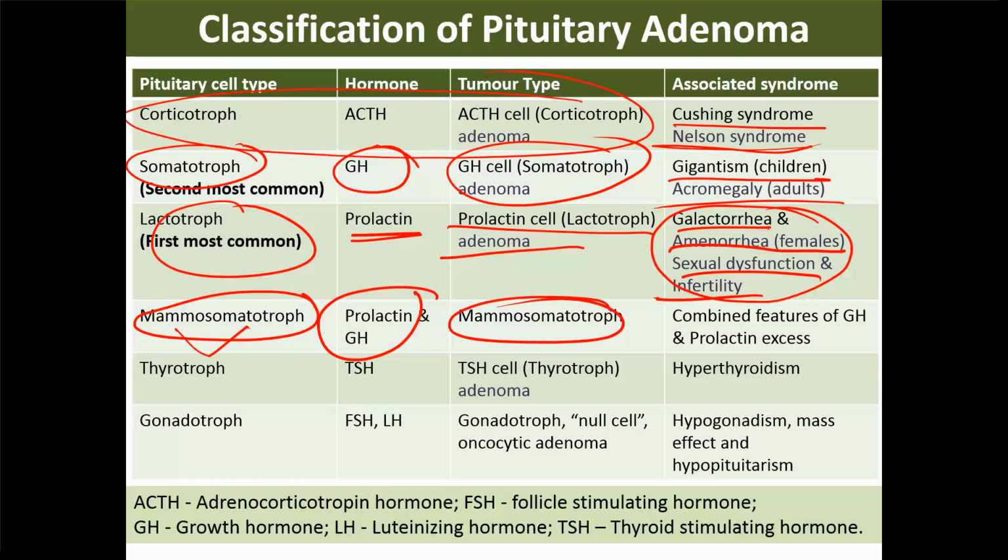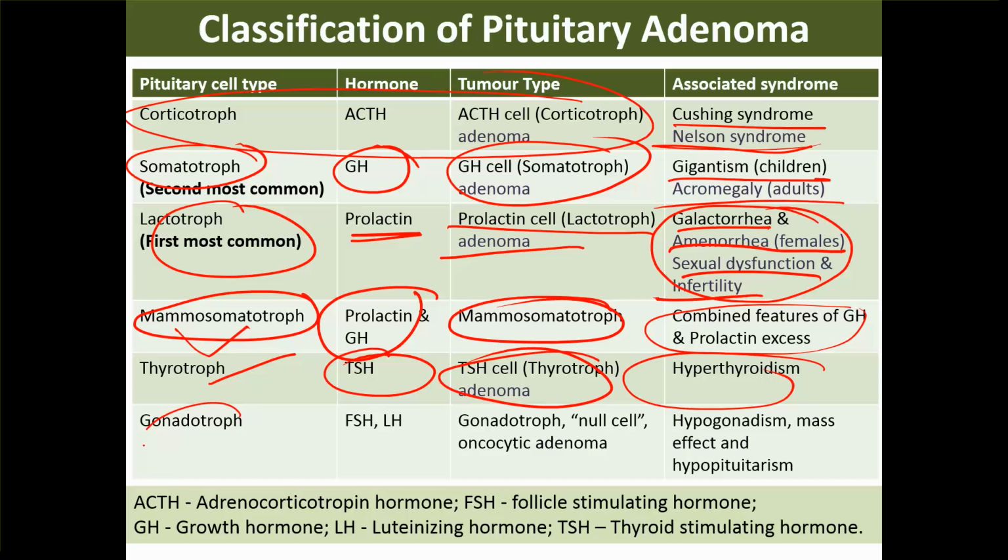This adenoma is called mammosomatotrophic adenoma, and there will be combined clinical features of growth hormone and prolactin. Thyrotrophic cells can produce TSH, and that is called TSH cell adenoma, and they can result in hyperthyroidism. Gonadotrophs produce follicle stimulating hormone and luteinizing hormone, and they will end up with hypogonadism, like mass effect, and hypopituitarism. So these different tumors produce different effects.